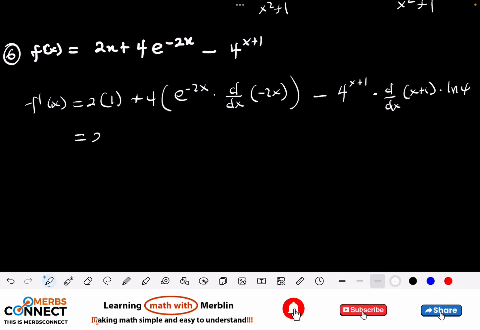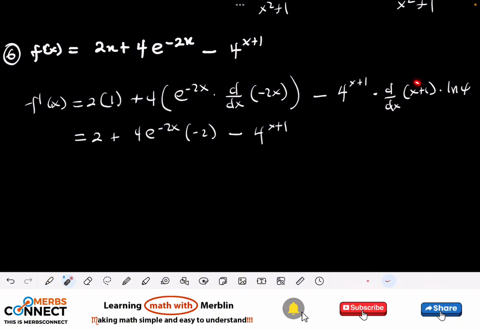So this is going to give us 2 plus, when I multiply this and this, I'm going to have 4e to the power minus 2x. And when I differentiate this, I'm going to have minus 2, minus 4 to the power x plus 1. When I differentiate the power, I'm going to get 1, so times 1 times ln of 4.